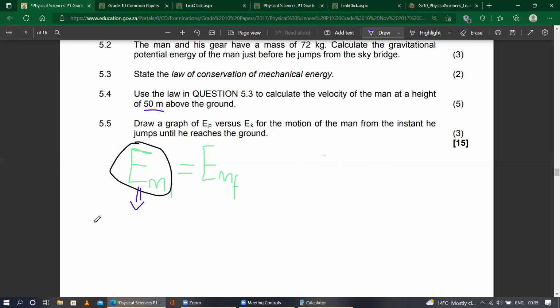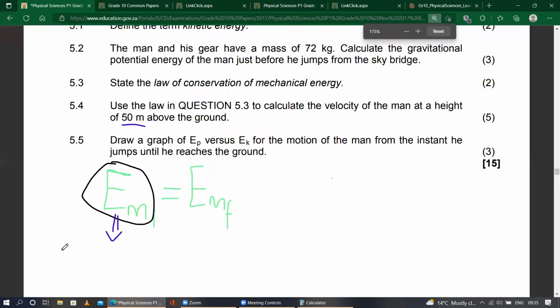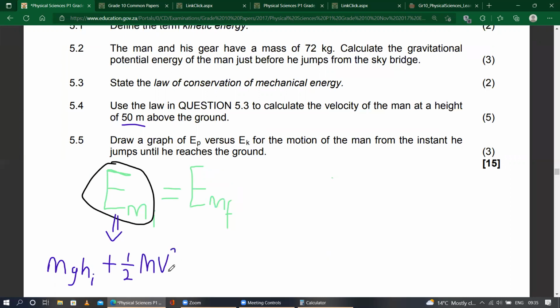We know that's going to be mgh initial plus 1/2 mv squared initial. You understand it? Yeah. Because this is the kinetic energy and this is the potential energy.